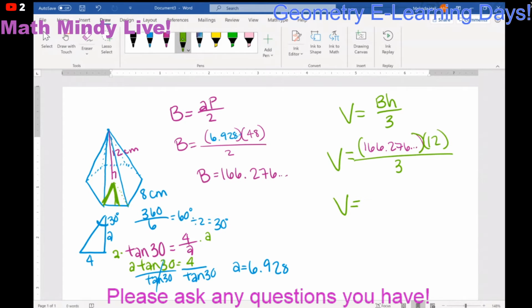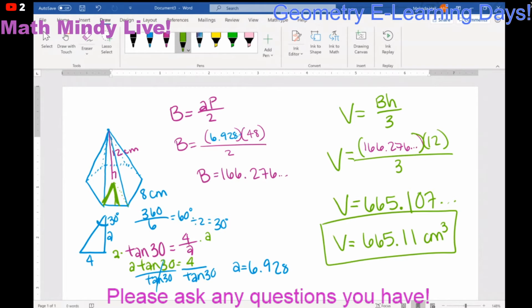That gives us a volume of 665.1107. Since it's 107, if we were to round to the nearest tenth, it'd just be 665.1. If we were to round to the nearest hundredth, it would be not 2, but 665.11. And that would be centimeters cubed, like that. Okay.